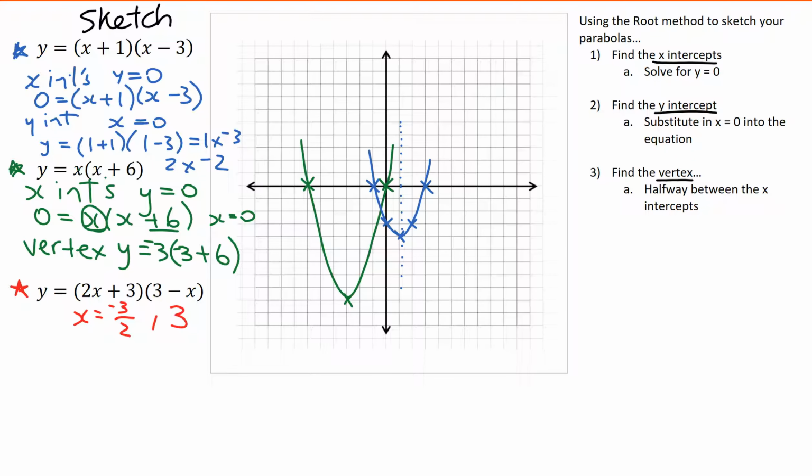So I've got one root at 3, and one root at -1.5. You happy with that? To find my y-intercept, it'll be 2 lots of 0 plus 3, which is 3, times 3 minus 0, which is 3. So that y-intercept is 9.